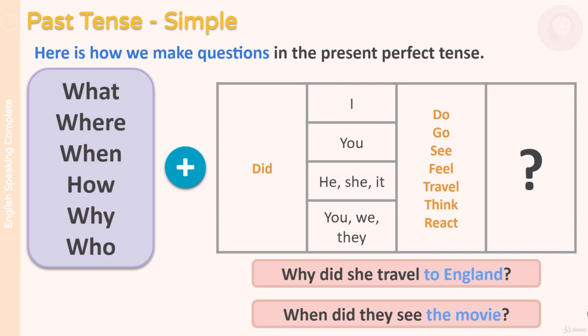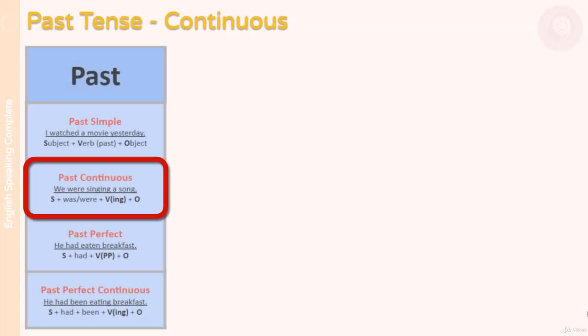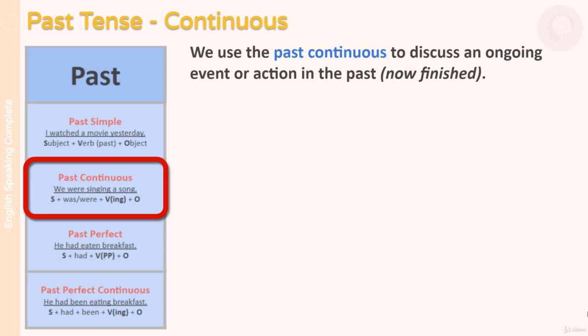Okay, so moving on, slightly more advanced, but again, really important to have a really strong understanding. Past continuous, of course. And we use this tense when talking about an action in the past that was ongoing. It took a duration of time. However, now that has finished.